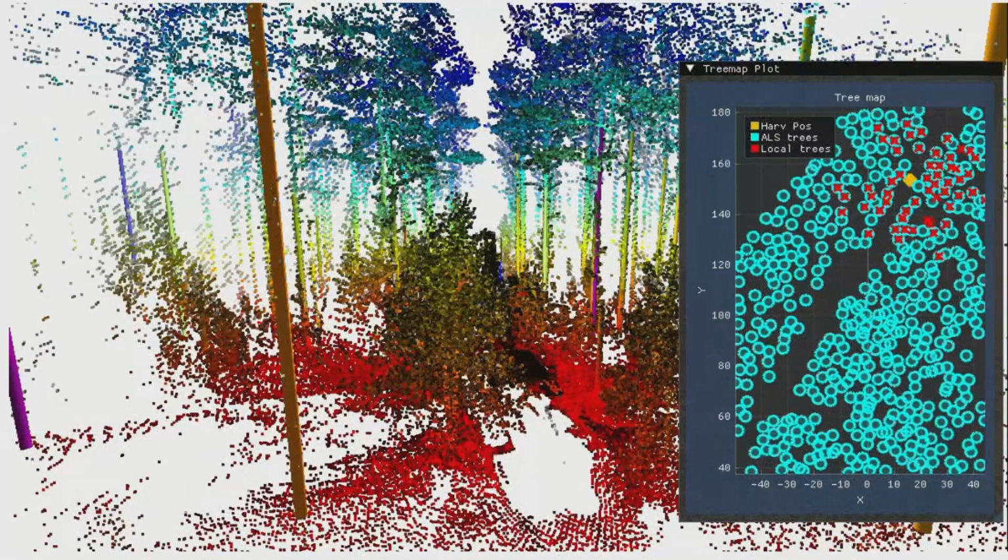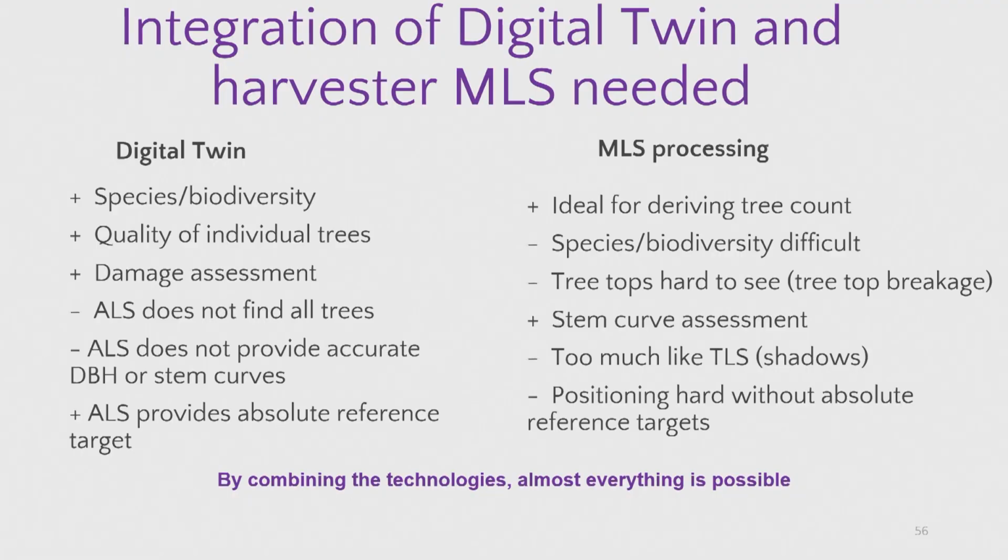But as I said, the problem is that harvester mobile LiDAR is like a TLS. It's a single-scan TLS, so it's problematic to see all of the trees. If you integrate these two technologies, I see that there are a lot of synergies. Mobile LiDAR sees the stem curves, like TLS, but it's also ideal for deriving tree count, because it's better for that than airborne laser scanning.